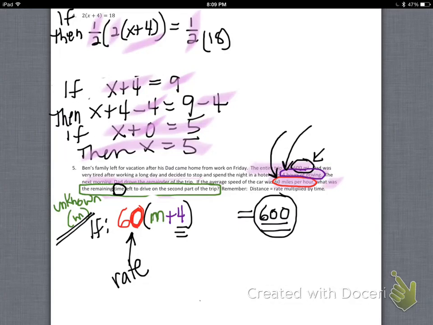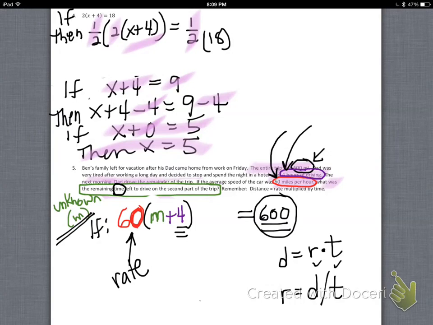If we know that r, the rate, equals distance divided by time, that means this is our miles per hour. That's what that stands for: d divided by t, or d per t, distance per time, miles per hour. It works out that d equals r times t.